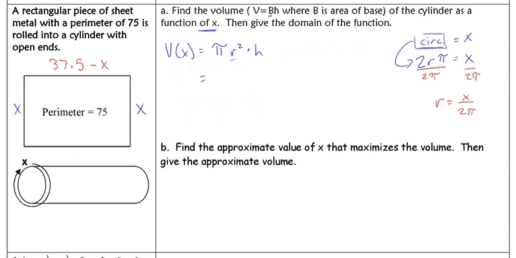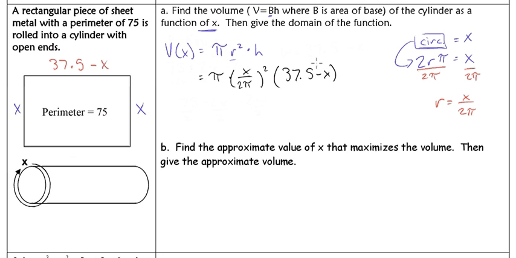So we've got that the volume is equal to pi times the radius squared, and the radius is x over 2 pi. It's radius squared. And then that times the height, which is 37.5 minus x.